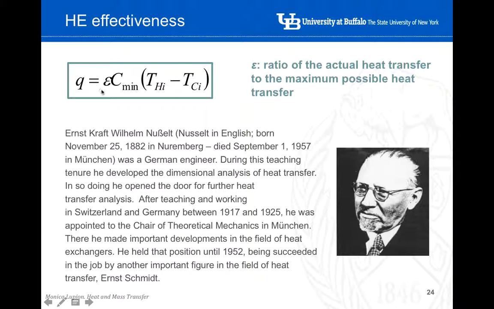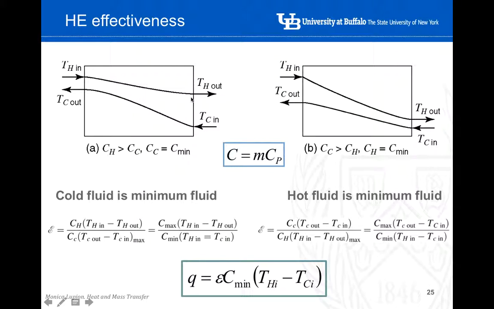The heat rate is equal to a parameter that he defined as the effectiveness, which is the ratio of the actual heat transfer to the maximum possible heat transfer that could be transferred in an ideal heat exchanger, times the minimum capacity of the system times the temperature difference between the hot fluid at the inlet and the cold fluid at the inlet. So let's see if we can define this new parameter.